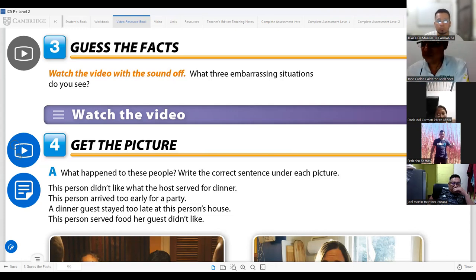And the third one, the host gave her a food, but the girl didn't like that kind of food, but she has to accept it. Okay. Well, later we're going to discuss if something similar had happened to you. Thank you very much, Federico, for sharing.